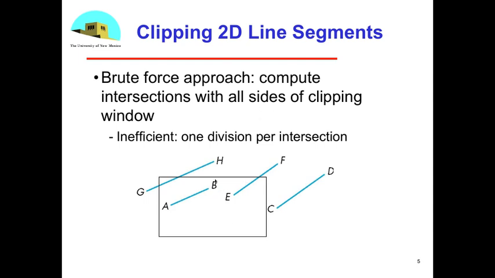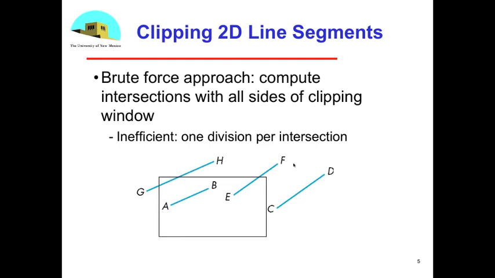So if you had those equations, you could sort of brute force your way through them, find all these intersections, and then find if the intersection was inside of this box or whether it intersected the side of the box like this line segment EF. And it's inefficient because every time you're doing an intersection, you require one floating point division, because you have these two equations, y equals ax plus b.